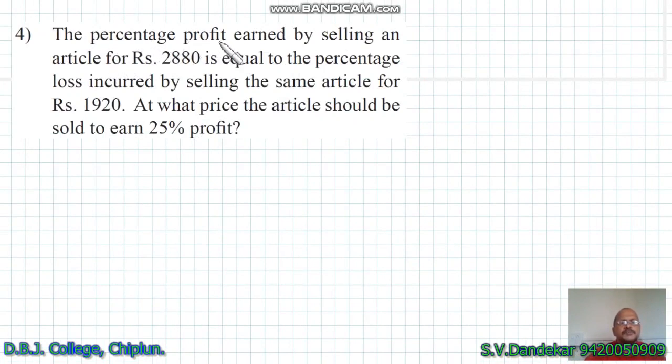The percentage profit earned by selling an article for rupees 2,880 is equal to percentage loss incurred by selling the same article for rupees 1,920.